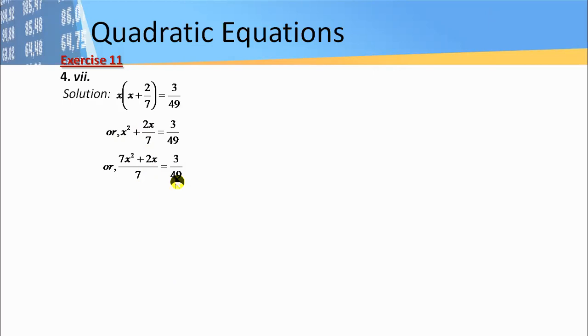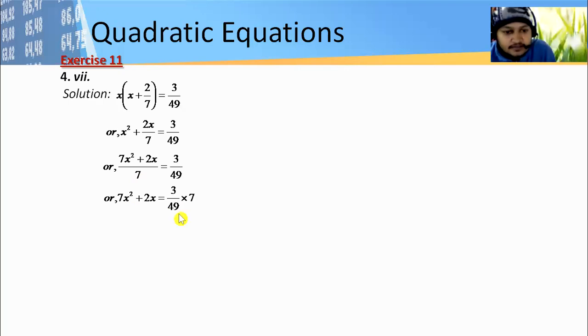You may cancel out this 49 from here. Since both have a denominator, one on the left side and one on the right side, cancelling from here is also possible. But it is better to do cross multiplication or taking this 7 to the right hand side. If we take it to the right side, it becomes 7x square plus 2x is equal to 3 by 49 into 7.